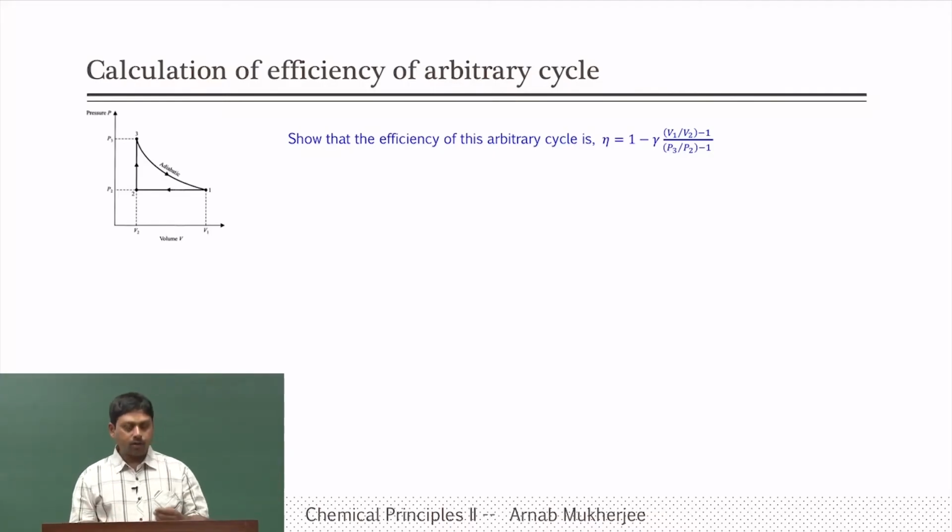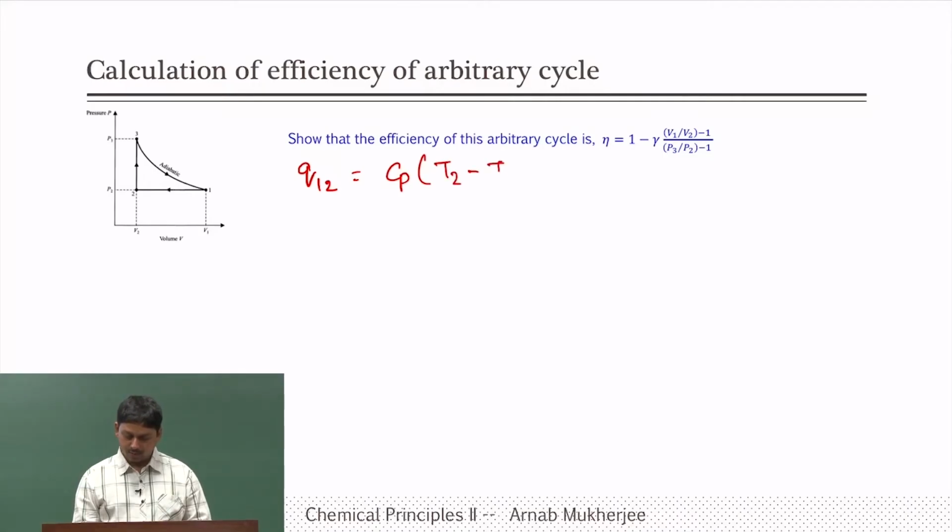Calculation of efficiency is pretty simple, because all that you have to calculate is the heat in and heat out. So, we are going to calculate the heat input in the first two steps. 1 2 is a constant pressure process. So, it will be Cp, and when we calculate the heat change, it will be Cp times T2 minus T1, right.